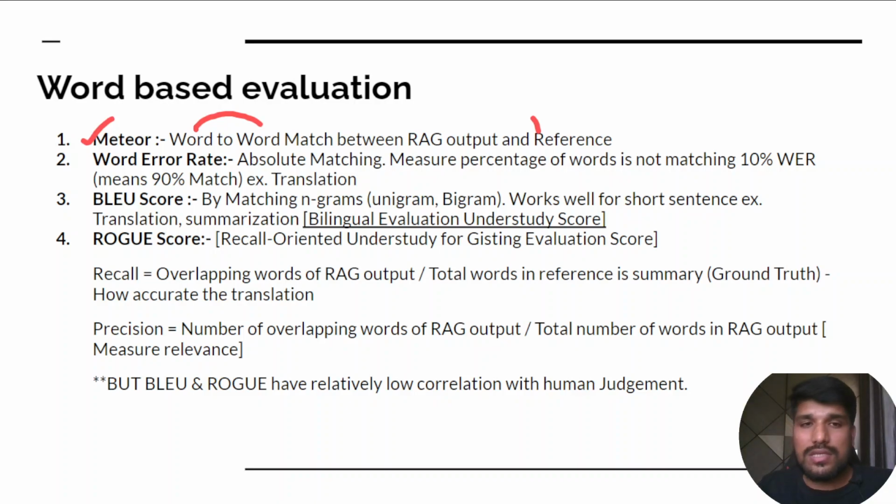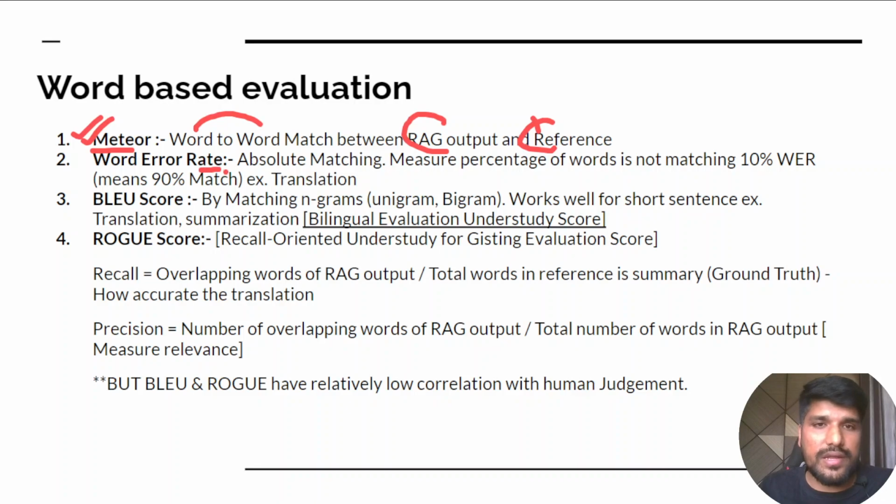You came across this kind of metric, but the same metric we can use for your RAG-based evaluation as well. So you can do the word-to-word match between the RAG output and reference. There are many libraries available which you can use easily to give the evaluation.